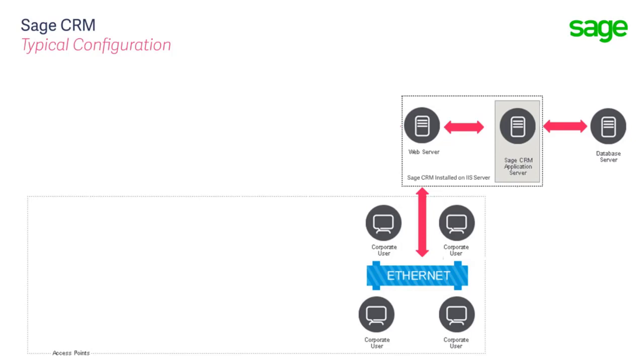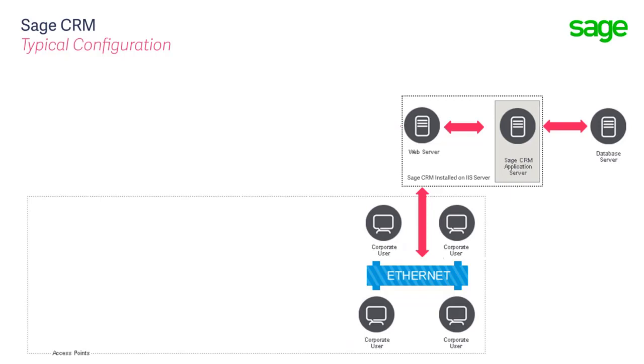Here is a typical configuration inside an organization. Let's assume you are a business partner and you've downloaded the install package and set up Sage CRM, and you've just run it on your Windows 10 laptop.